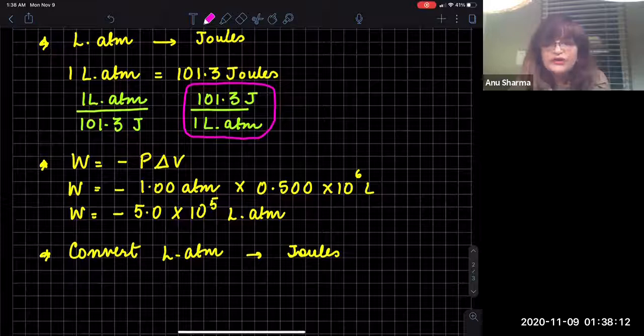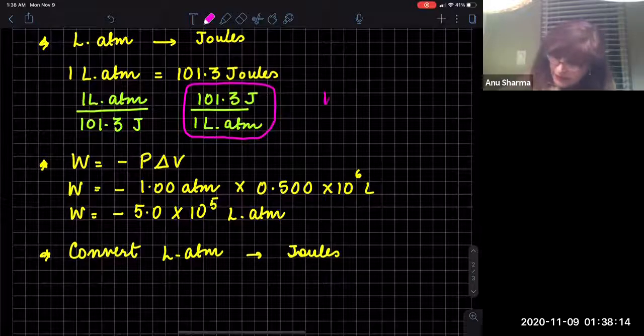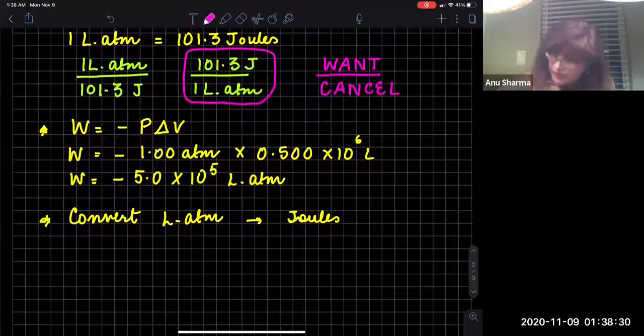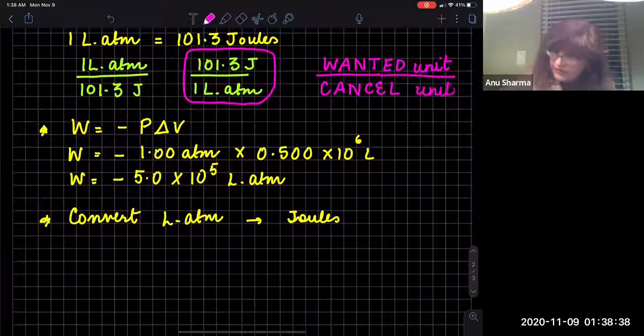The unit that you want is going to be in the numerator, and the unit that you want to cancel out is going to be in the denominator.